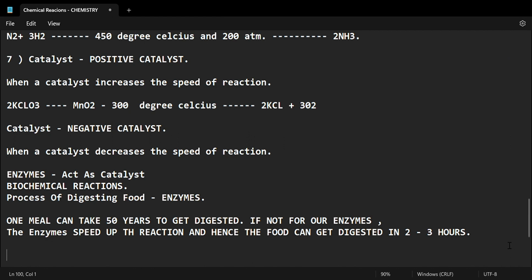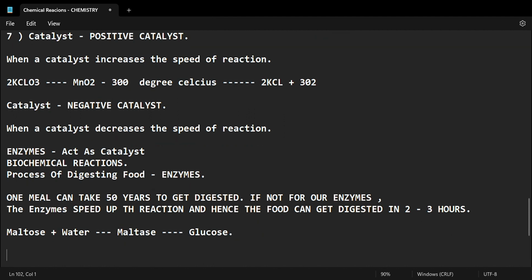Maltase is an enzyme present in the living cells of yeast, which helps in the conversion of maltose, a carbohydrate, into glucose. So maltose plus water, with the enzyme maltase, becomes glucose.